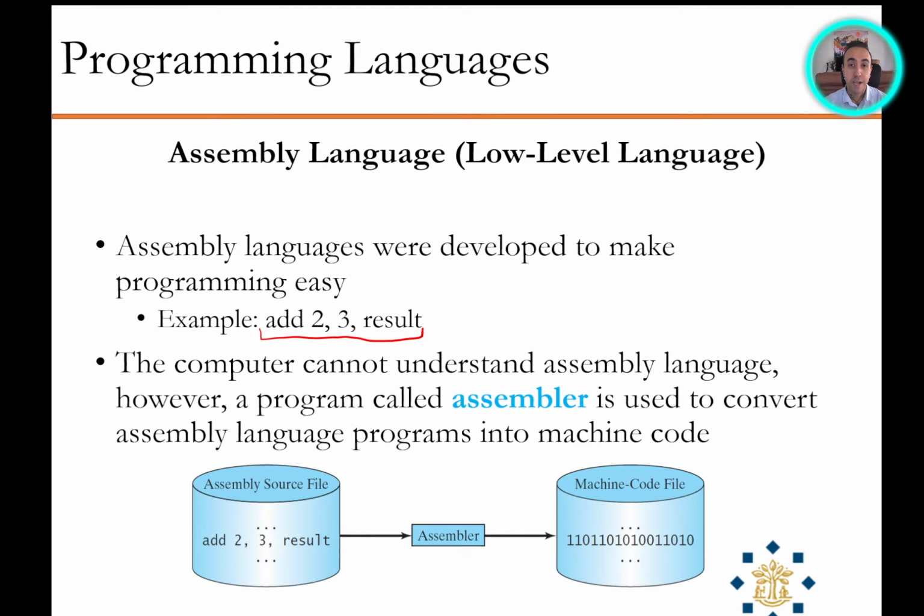Now we are able to understand this piece of code, but the computer doesn't understand it. So the computer needs a translator, or an assembler, that converts the assembly language instruction into machine code, into 1101. Okay.